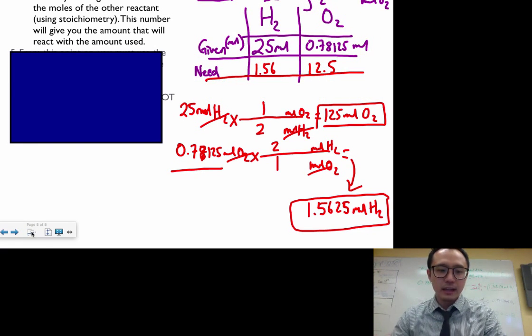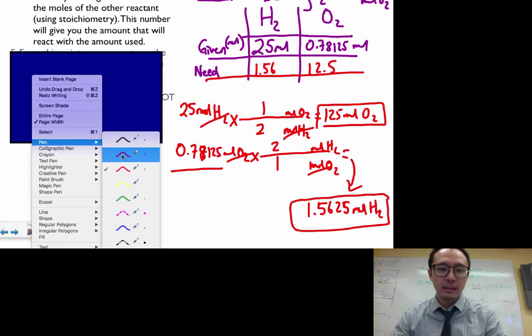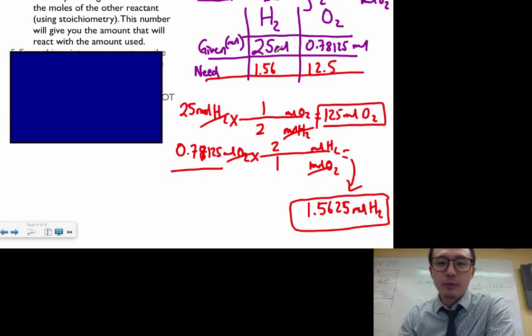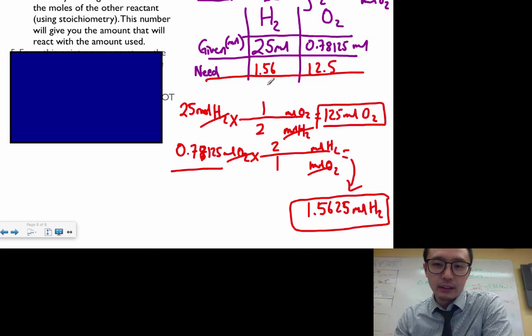So the next thing I need to do is, well, understand this. If you're given 25 moles of H2 and you need only 1.56, that means that you have more than you need, right? This is extra. This is just like the lettuce where you have more lettuce than you actually need. So if you subtract these two numbers, 25 subtract 1.56, you will get a positive number.